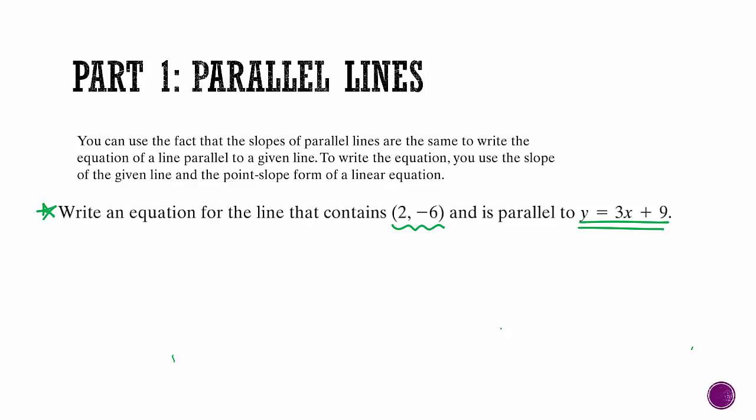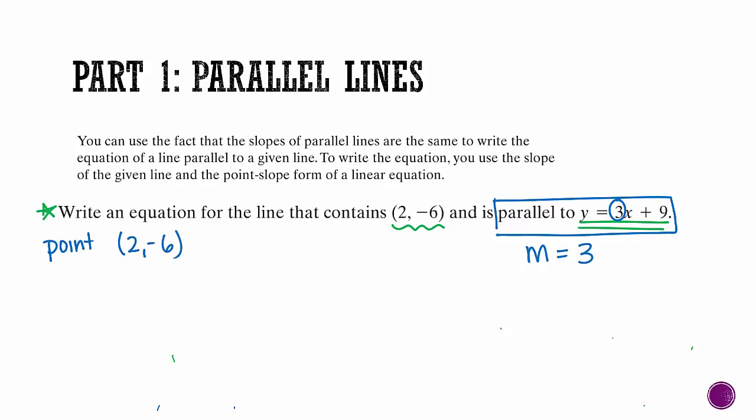And this information tells us our slope. I want something parallel to this line right here, so my new line also has to have a slope equal to 3, because that's the slope there. Then we're going to do what we did yesterday. It needs to go through the point (2, -6), and it needs to have a slope of 3.